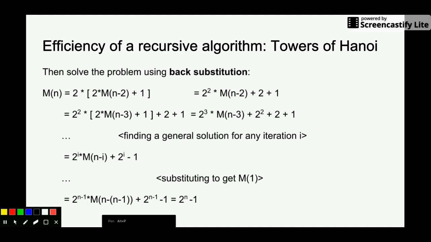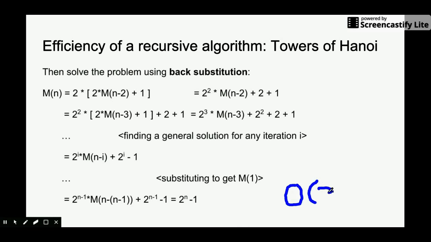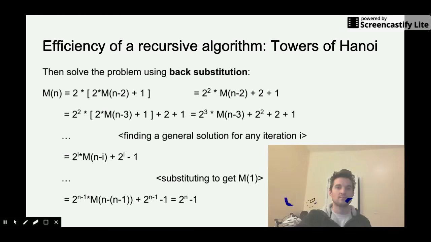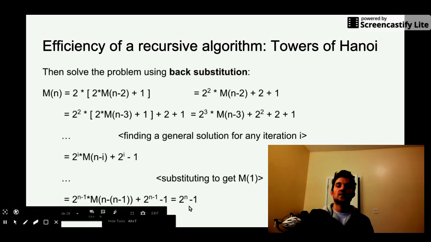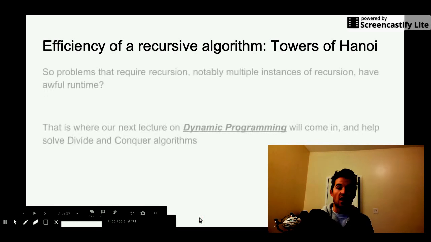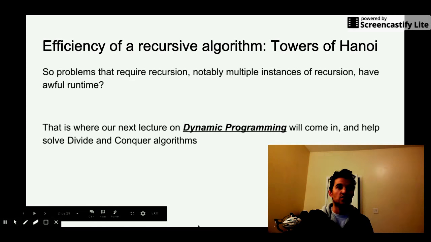So what's our efficiency? Exponential. O of 2 to the n. You might have started to get some intuition as to that by just watching us go through it in the beginning. I don't know, did anyone get that? But so, what does this mean? Does this mean that recursion is awful, has awful runtimes, and we shouldn't use it ever?